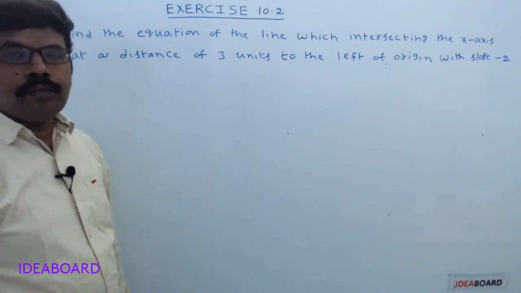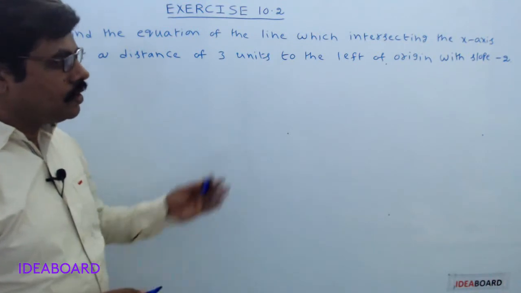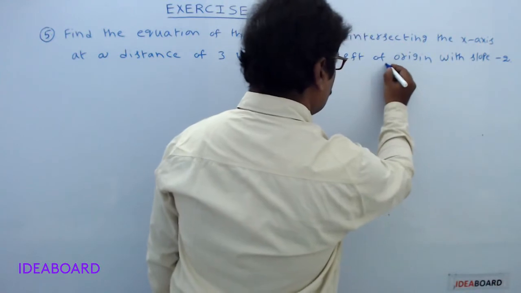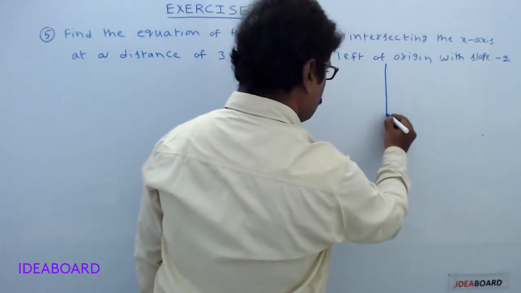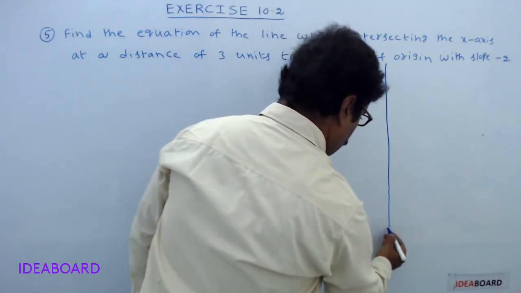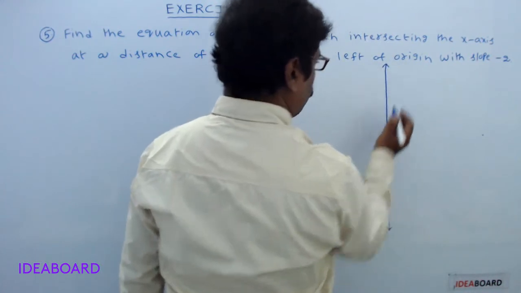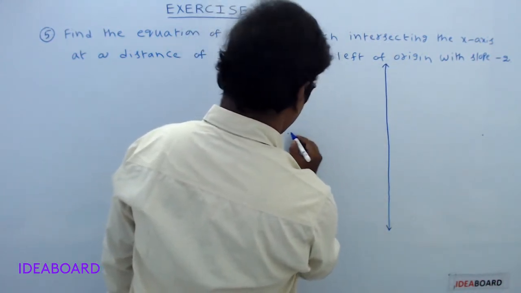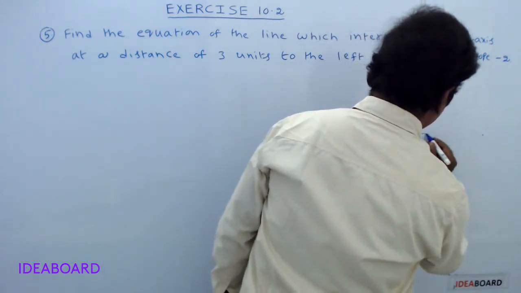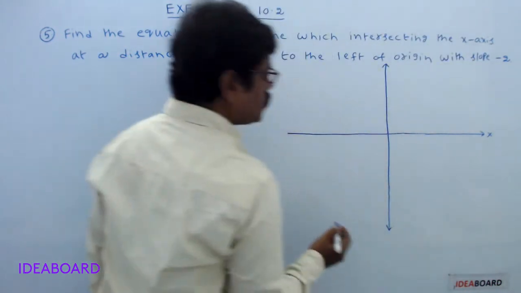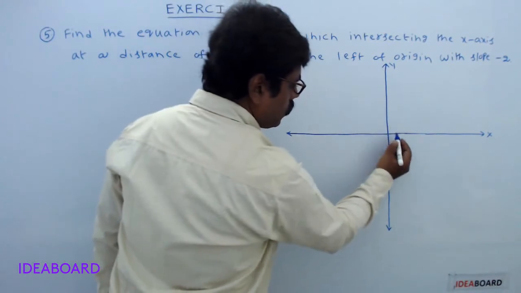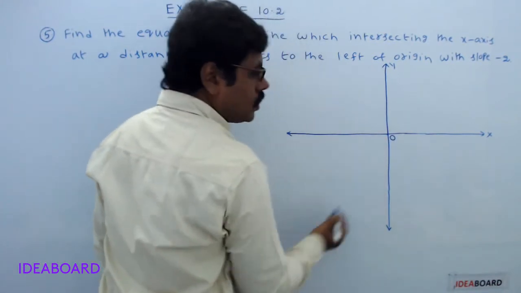First draw a rough diagram related to the given data. First draw the coordinate axes. Suppose this is the x-axis, this is the y-axis. The point of intersection of the x-axis and y-axis is the origin.